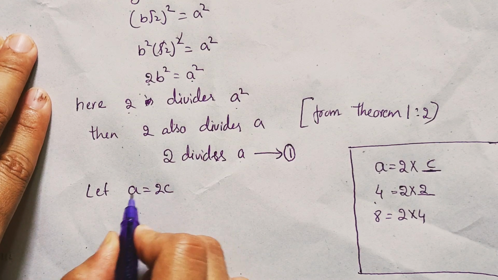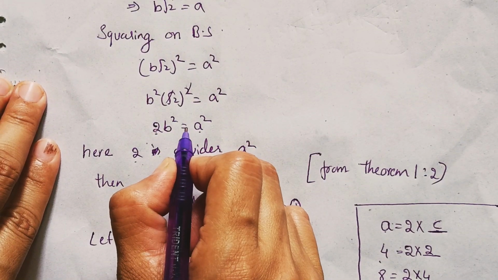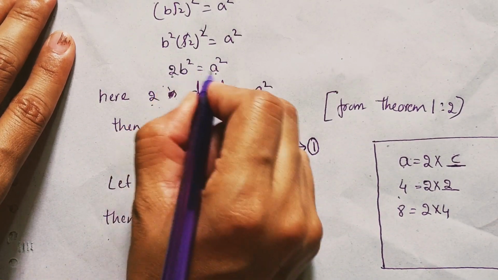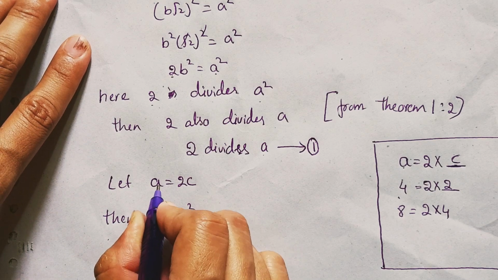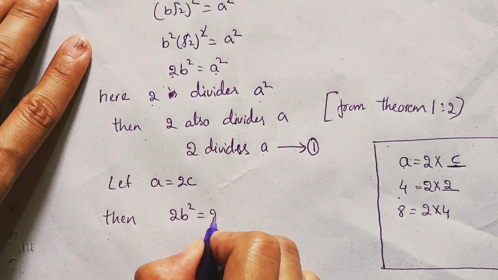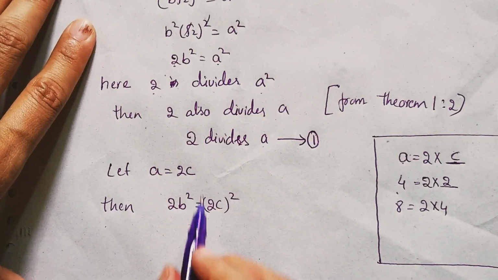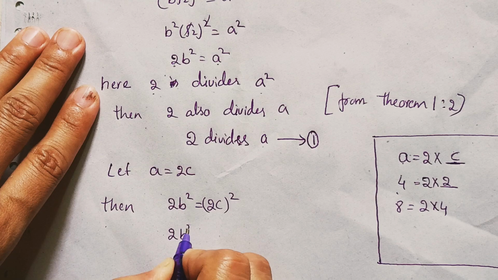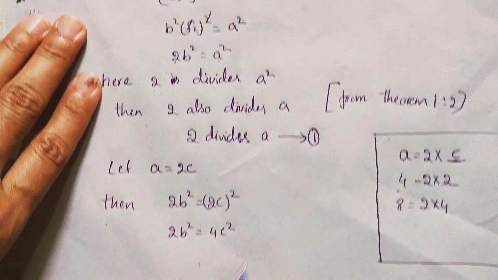Now I am substituting this a value here. We have 2b square equals a square, so in the place of a, I am taking 2c. 2c whole square, since a square is there. Then 2b square equals 4c square, as 2 twos are 4.